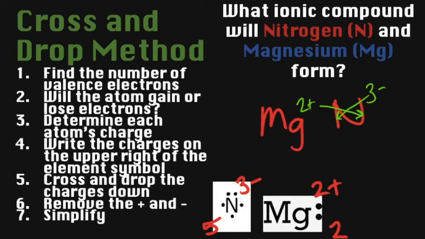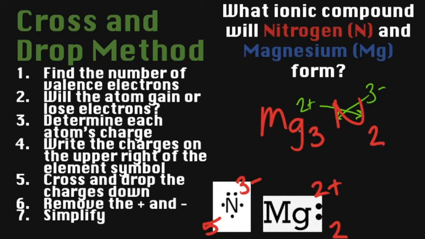Okay, so when we cross and drop them down, we're going to drop the 3 down here and then the 2 over here. So the resulting ionic compound between magnesium and nitrogen is Mg3N2.